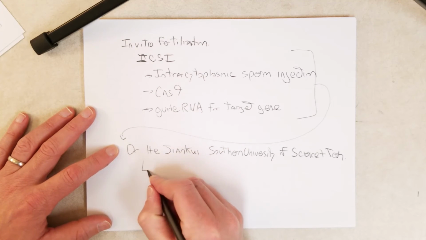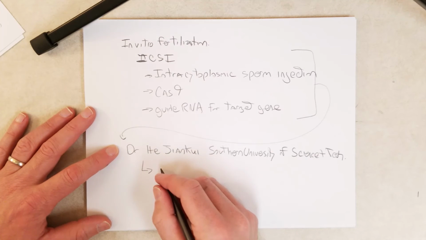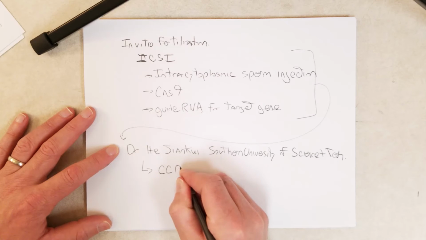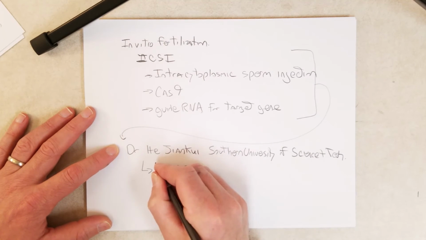And what he wanted to do was mutate a gene called CCR5.